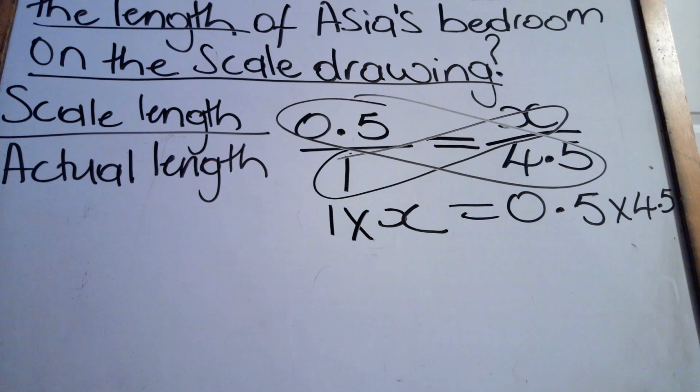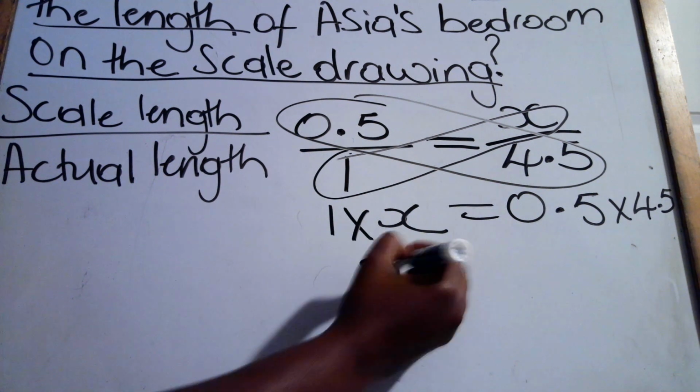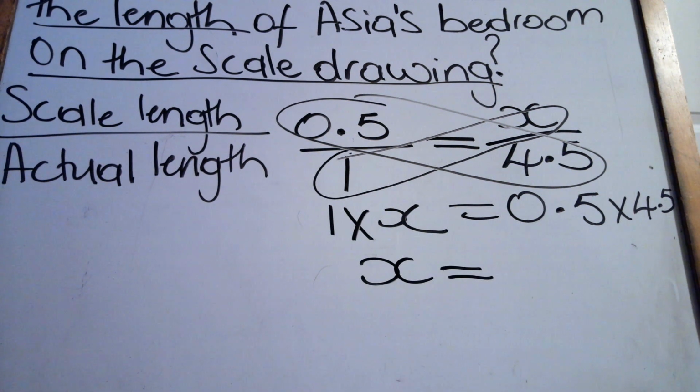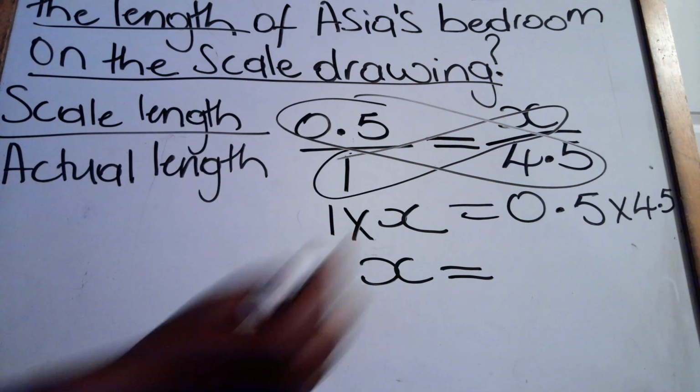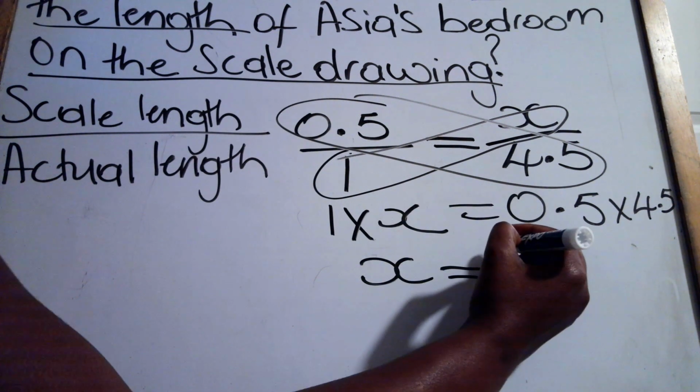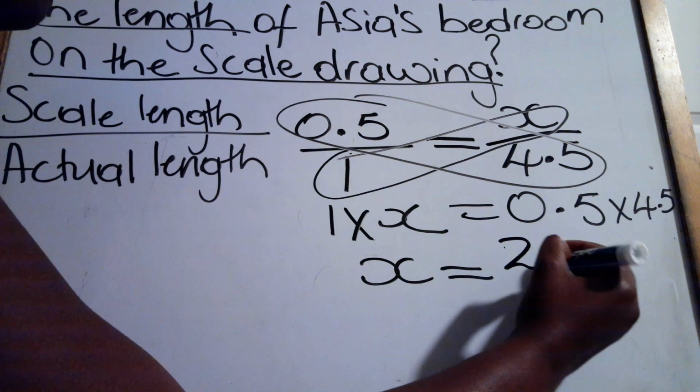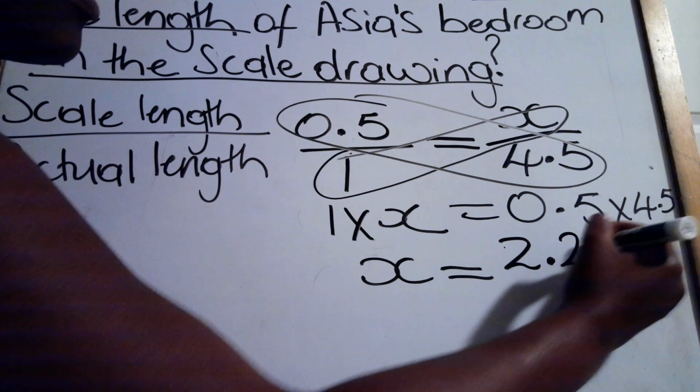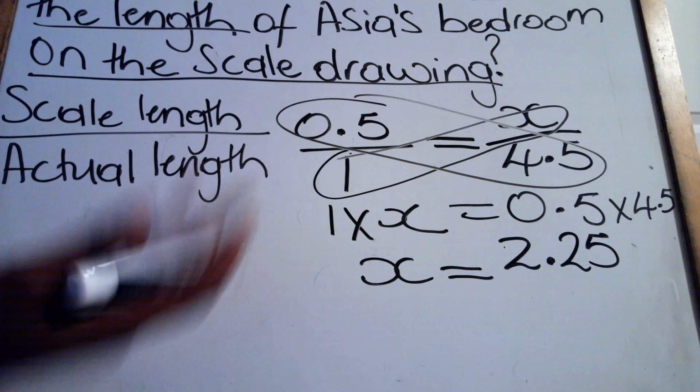1 times x gives us 1x, or x, that's the same thing. 0.5 multiplied by 4.5 gives us 2.25. And it says 1x.